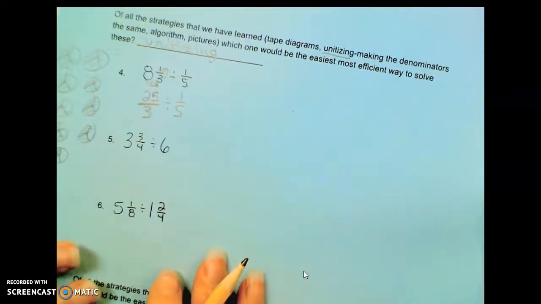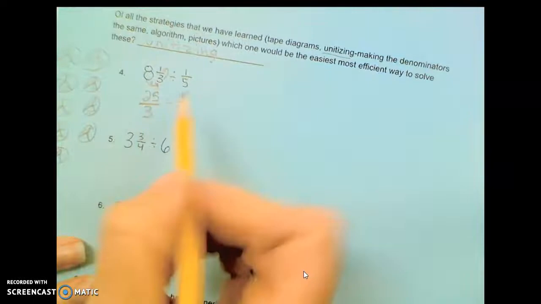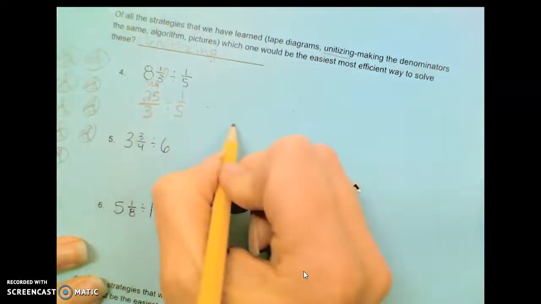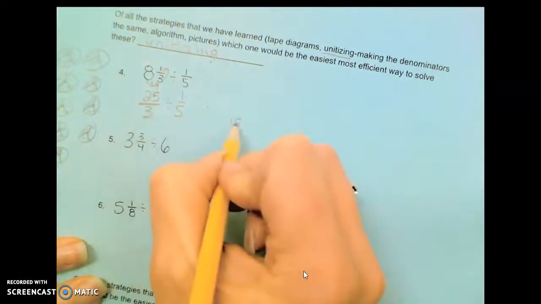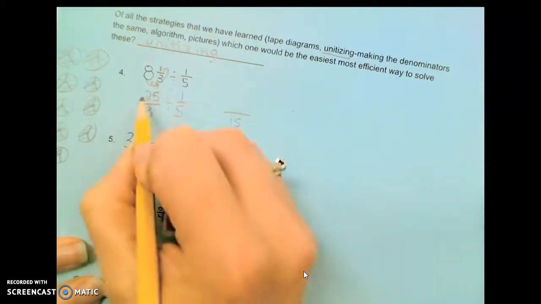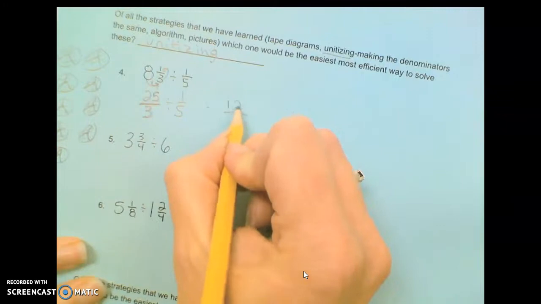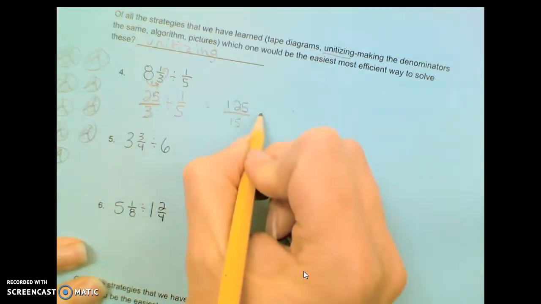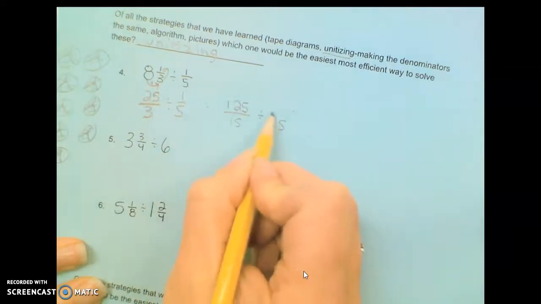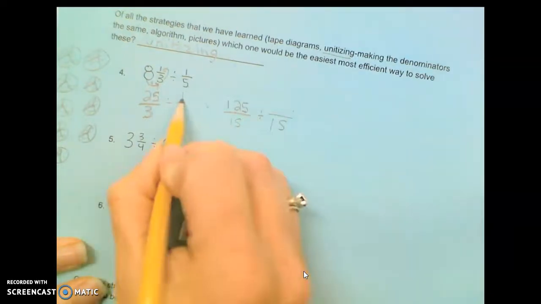I could unitize them like up here, and I could do, so if this is 15, how did I get from 3 to 15? Times 5 was 25 times 5. That's 125 divided by 15ths. What did I do to 5 to get 15? Times 3.